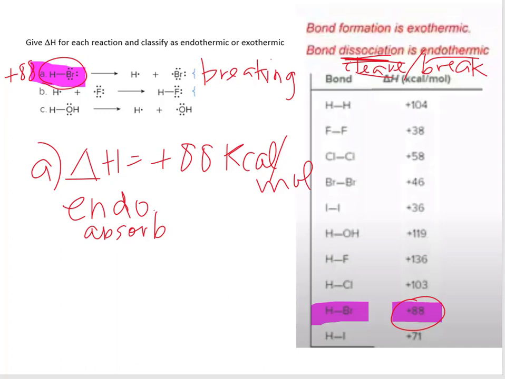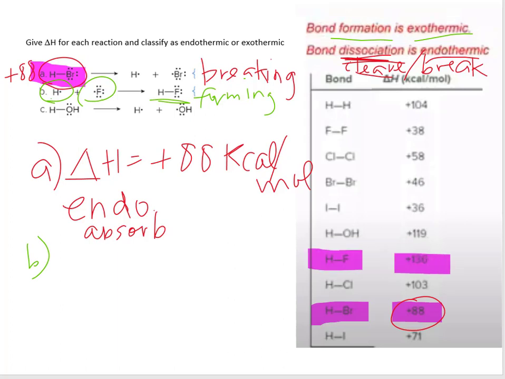Now let's look at letter B. Letter B is forming a bond. I have one atom plus another atom to form a bond. So I'm going to write forming. Remember, forming is exothermic. So if I look at B, I'm going to find that HF, let's look here. Now, again, this is a dissociation chart.